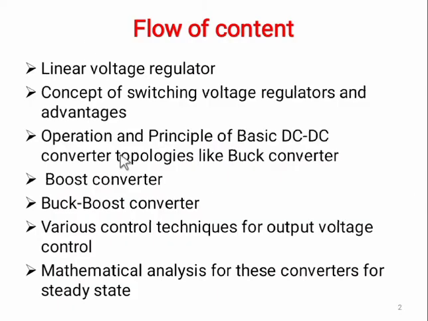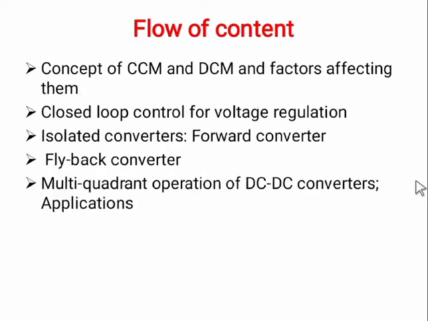This is the flow of contents. Up to the closed loop control of voltage regulation we have completed. In this lecture we will discuss the forward converters, which are also known as isolated converters. Isolated converter means it is isolated between the two circuits, primary circuit and secondary circuit, as well as we can say input circuit and output circuit.